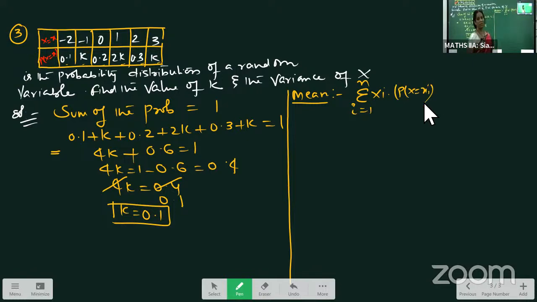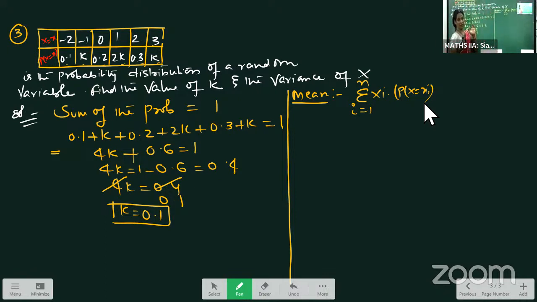What is the meaning of sigma? Sigma here is the summation of all the numbers. Summation means addition of all the numbers. So instead of writing it in a bigger manner every time, we sometimes write in the small manner. That's why we are using sigma here instead of writing all those terms.